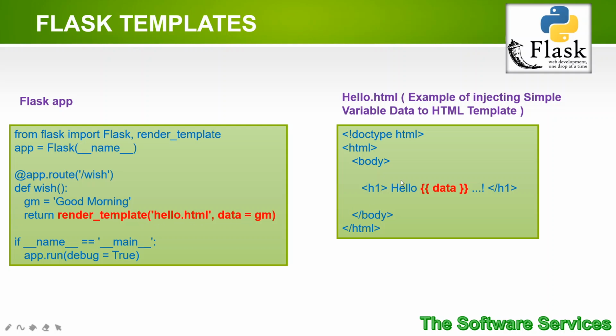Inside this hello.html file, we need to substitute the data. We inject the data given by this wish function into hello.html using the syntax called double curly braces, and we place the argument which we had given.